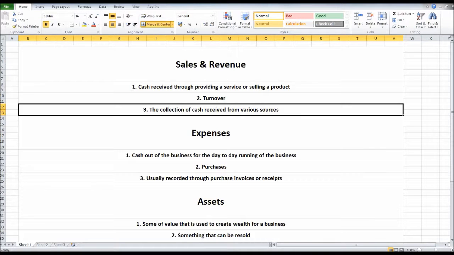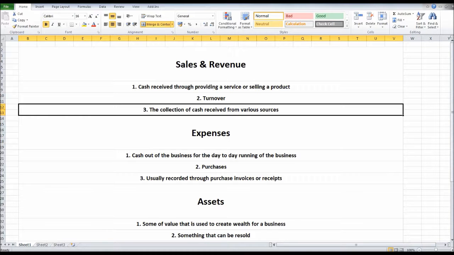So things like sales and other sources of income. Perhaps you rent out part of your business premises to someone else and receive income from that on a monthly basis, and perhaps there are other income streams to the business. Those other income streams, along with sales, create the revenue of the business.